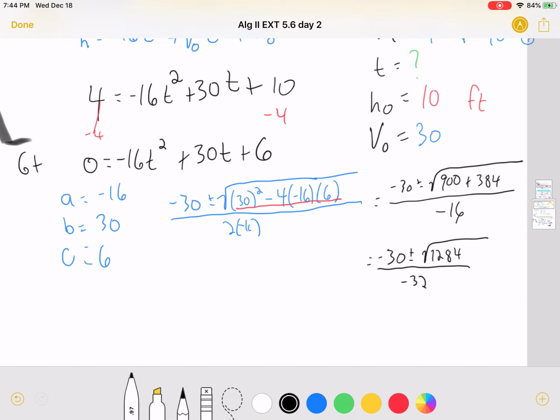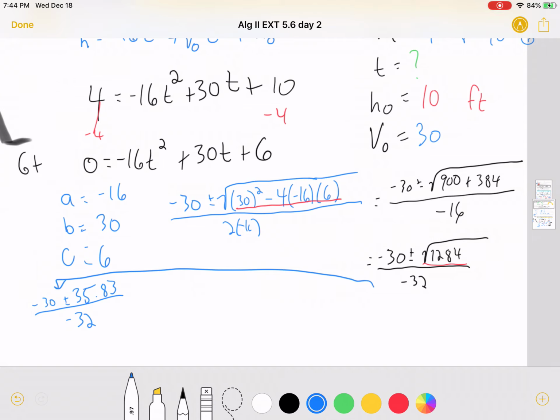Now you can reduce the square root of 1,284. I'm going to go way over to the left to save some room. And now I should get negative 30 plus or minus 35.83 over negative 32.